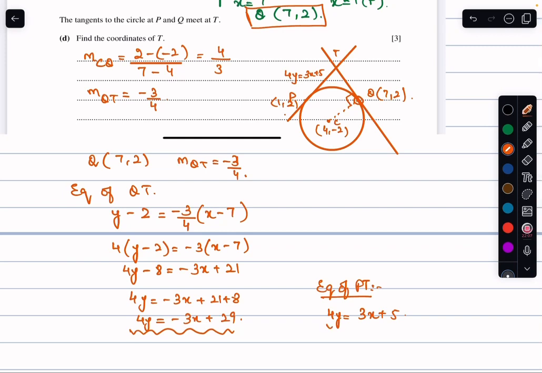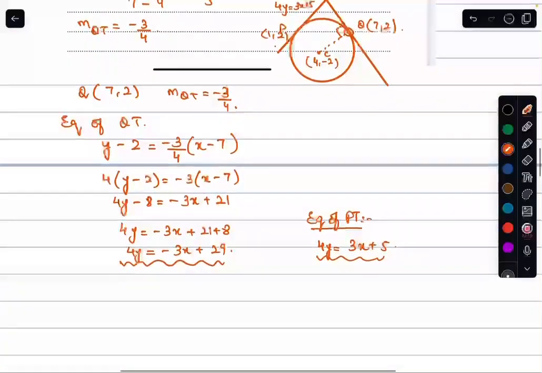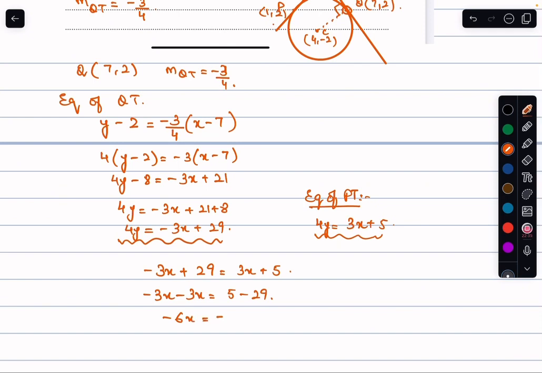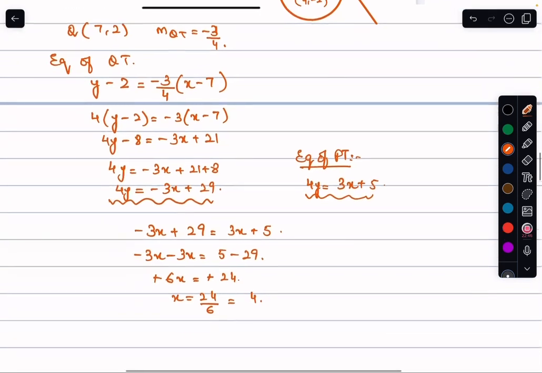So if I equate both of them, I shall be getting the coordinates of T. That means negative 3x plus 29 is equal to 3x plus 5, or I can say negative 3x minus 3x is equal to 5 minus 29, or negative 6x is equal to negative 24, or I can say that the x coordinate is 24 divided by 6, giving me a 4 here. So I have the x coordinate, which is 4.